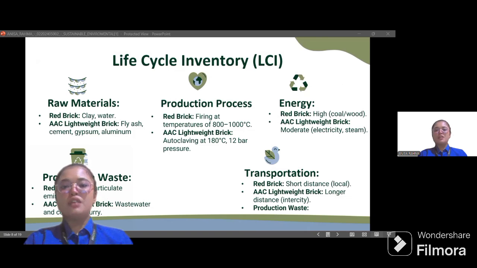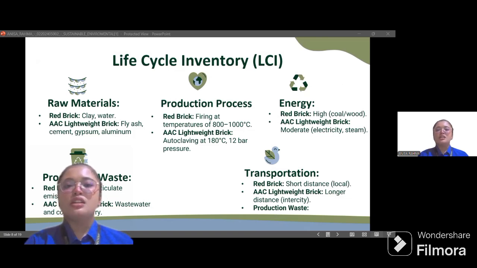For AAC brick, the raw materials used are more varied and complex, like fly ash, a byproduct from coal combustion, which is the main material used and helps reduce industrial waste. Additionally, cement, gypsum, and aluminum are used to provide structural strength and durability to the bricks.